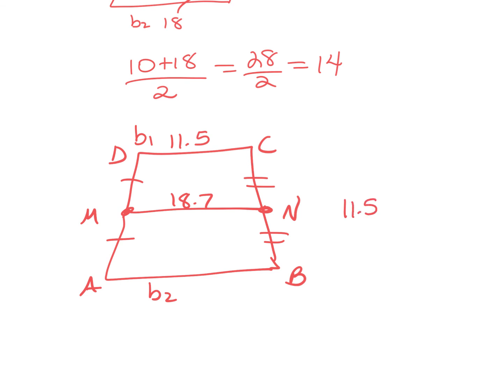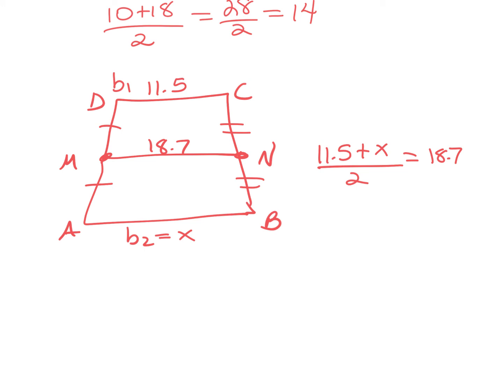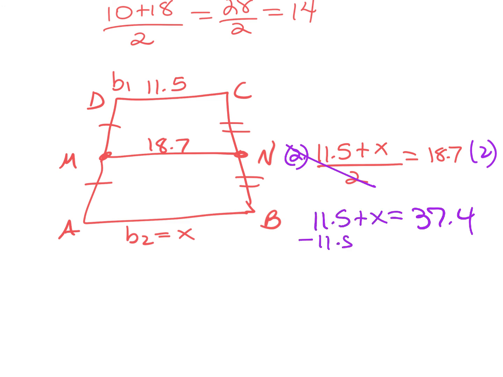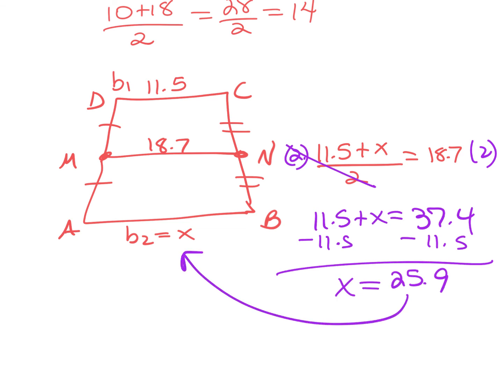So 11.5 plus, and I could say this is going to be X, divided by 2 equals 18.7. To solve for this, you're going to multiply both sides by 2 to get rid of the fraction. I get 18.7 times 2 is 37.4. And then I have 11.5 plus X. Subtract 11.5. And X equals 25.9. So that would be your base.